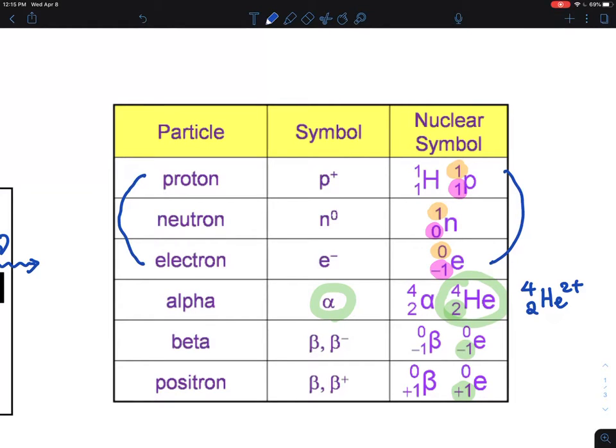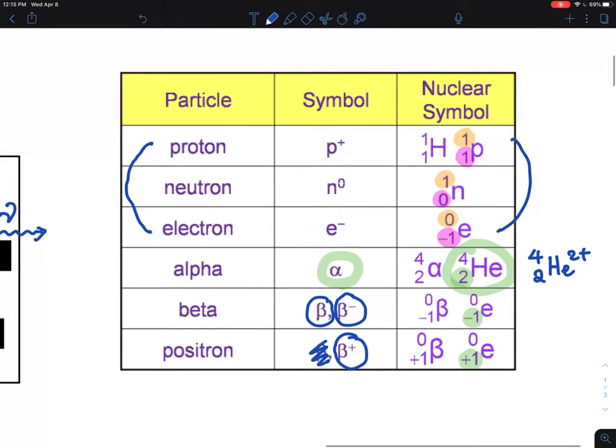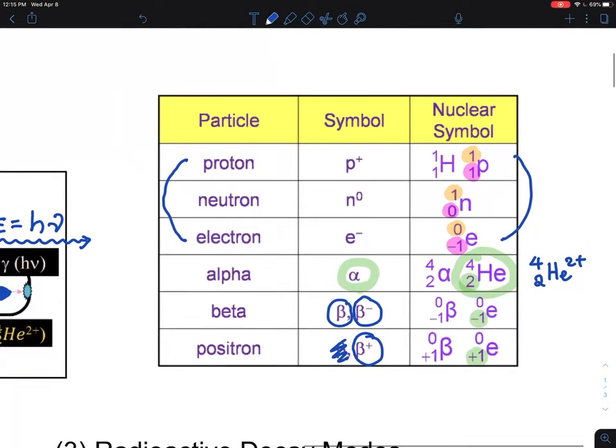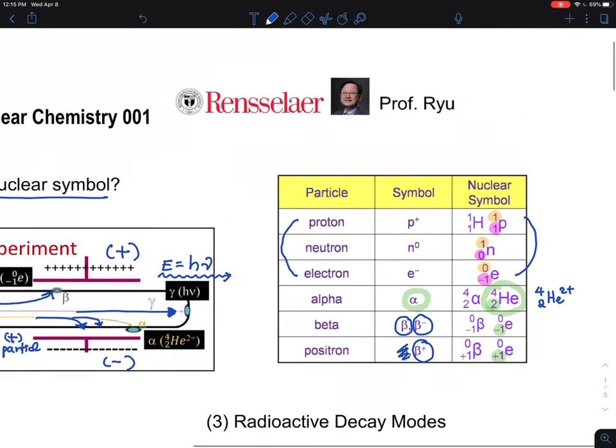Beta, people just use beta. Also, sometimes they use beta minus, just to make sure. And positron, they use beta plus. And they hardly use beta as it is, because beta is intrinsically assumed to be an electron. Okay.